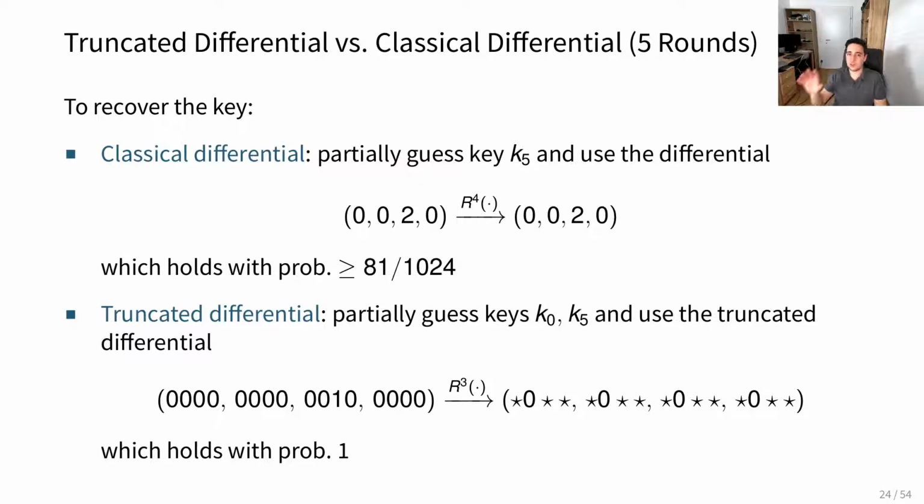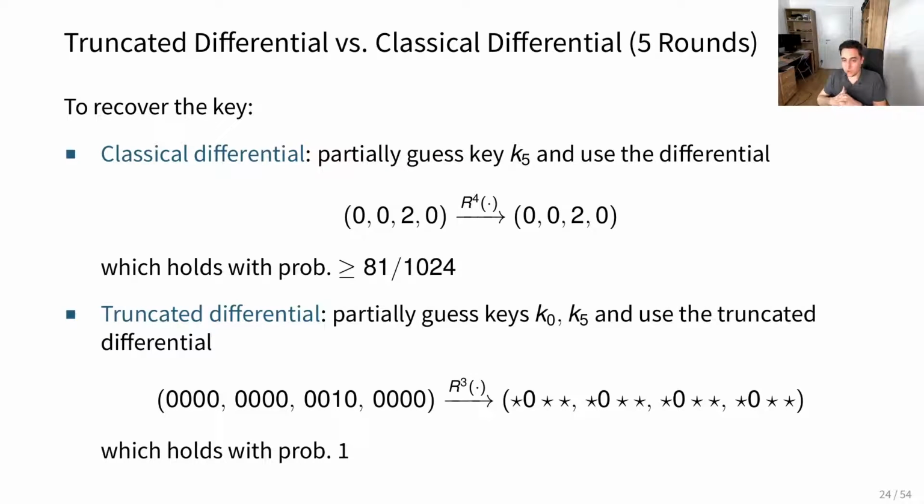This was 300 over 4000 before, which is approximately the same as 80 over 1000, so it's actually the same. But in a truncated differential attack, we partially guess a bit more, but this holds with a probability much higher, namely exactly 1. So we can immediately do this step.